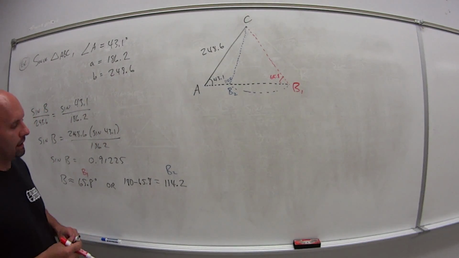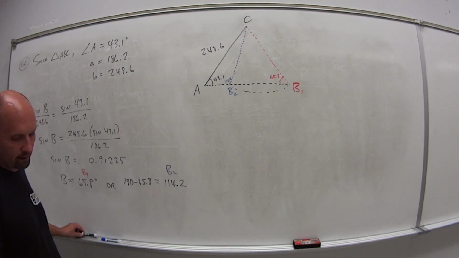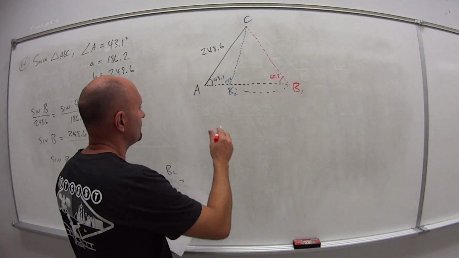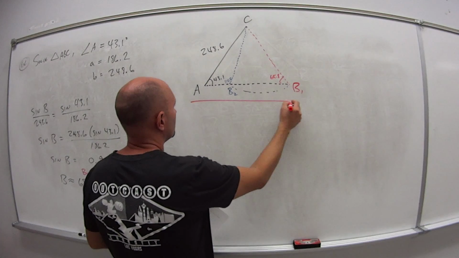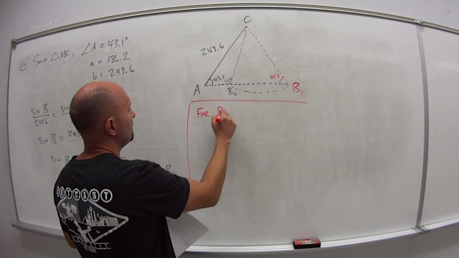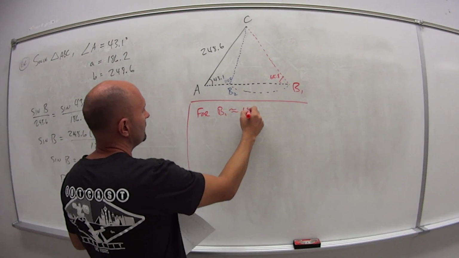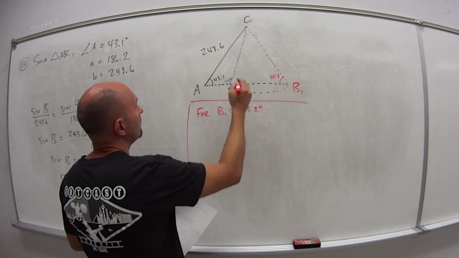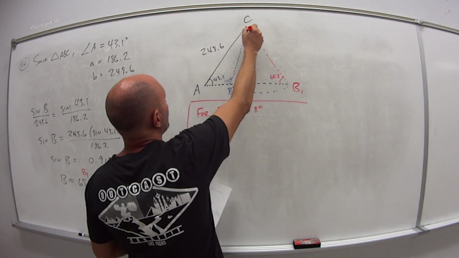So now, again, I'll stay color coded here so we can keep track. Let's first solve for B1. So if we say B1 is about 65.8 degrees, well then that gives us what? So we'll call this angle then the red C1.